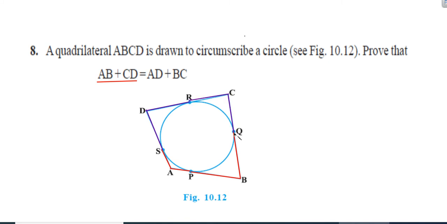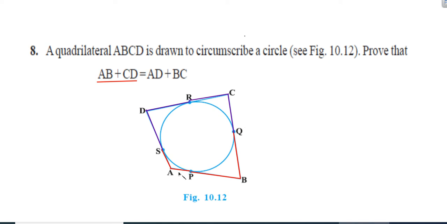For all these steps you can write it as tangents from an external point are equal in length. Now take all these equations as 1, 2, 3 and 4. Now add all these equations. You will get one side as AP plus PB plus DR plus RC is equal to AS plus DS plus BQ plus CQ.